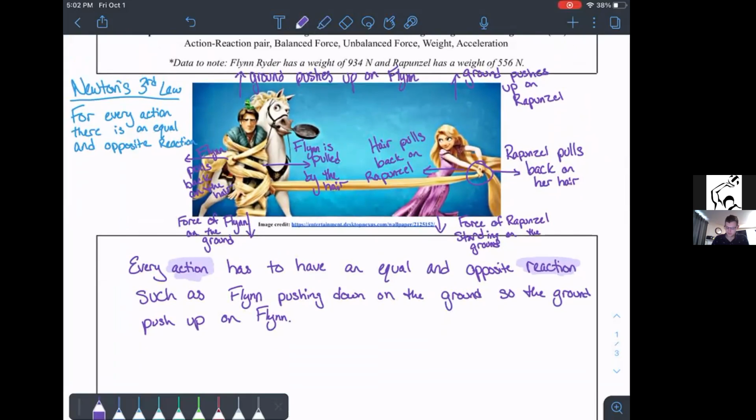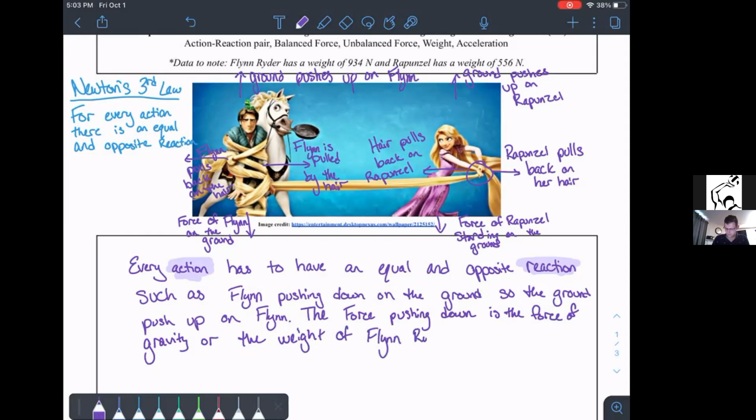And if we wanted to be more specific, the force pushing down is the force of gravity or the weight of Flynn Rider, which is 934 newtons.